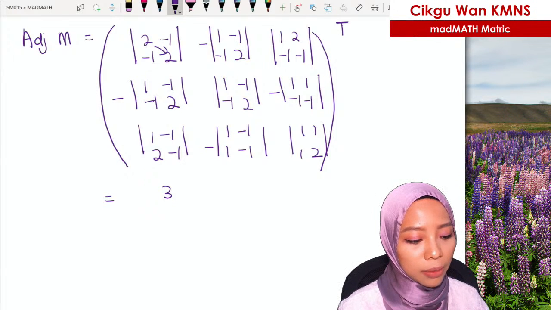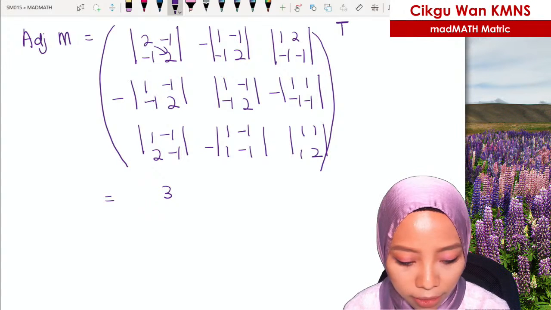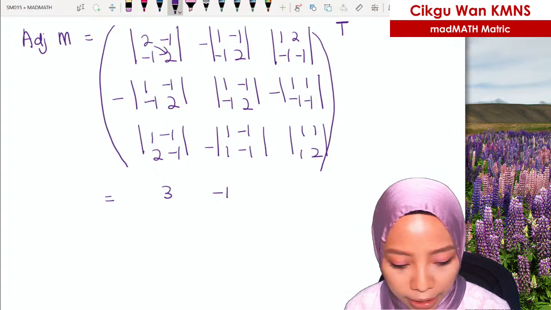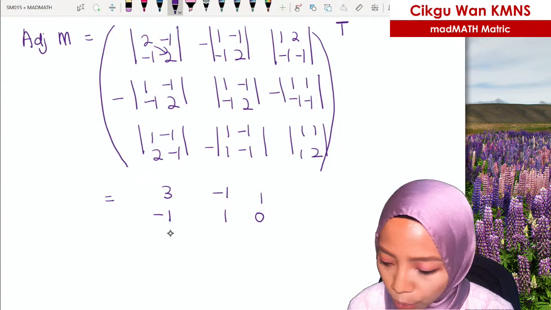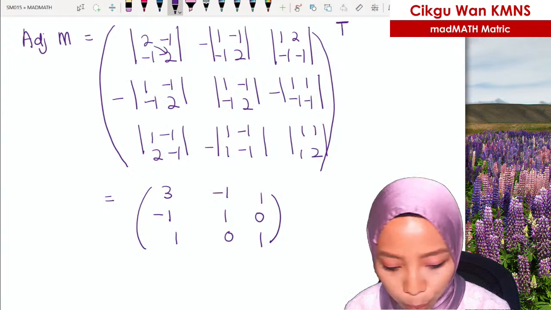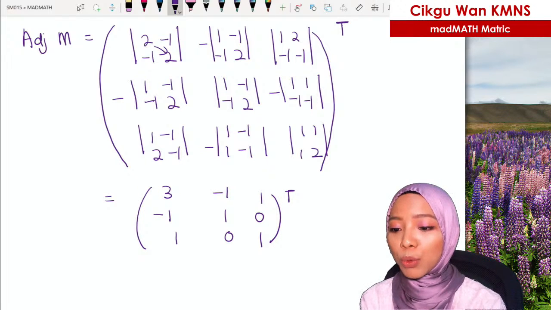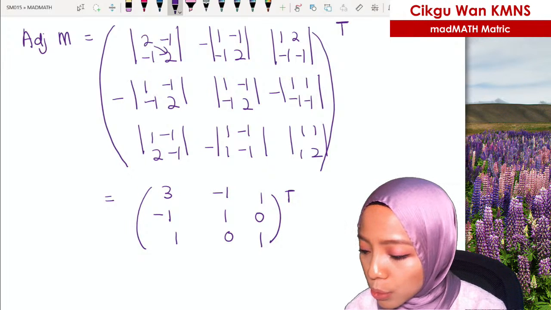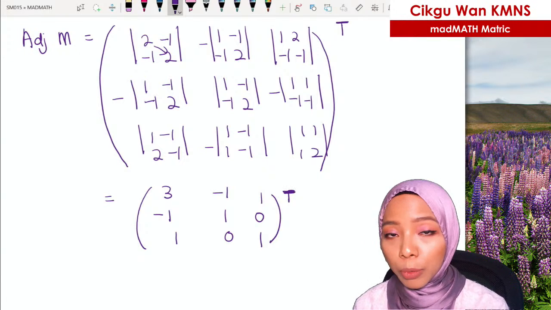I dapat jawapan. You all kira lah sendiri nanti. 3. Then -1. 1, -1. 1, 0. 1, 0, 1. Jangan lupa, kita belum transpose. We not yet transpose the matrices. Kita belum transpose. Okay. Okay, boleh cikgu teruskan?